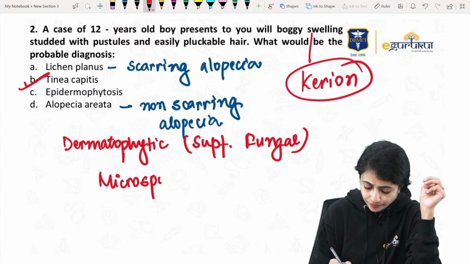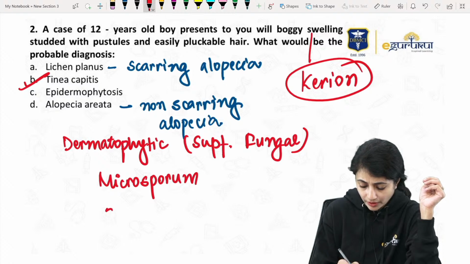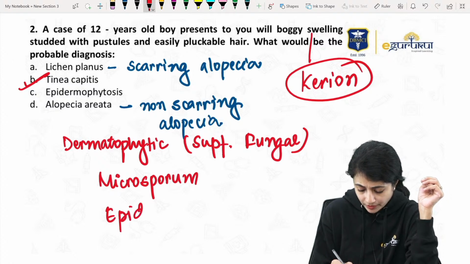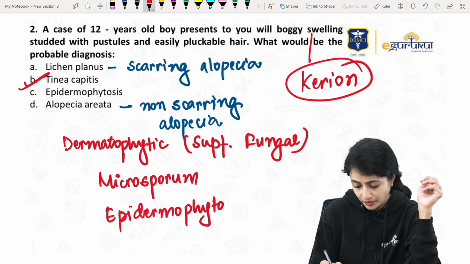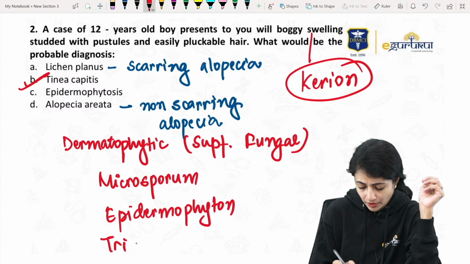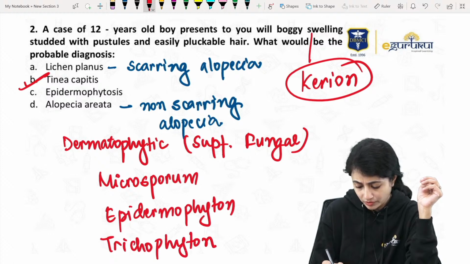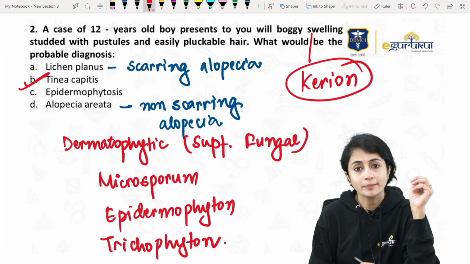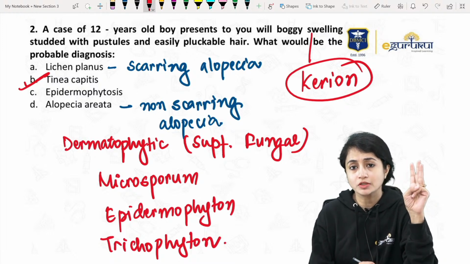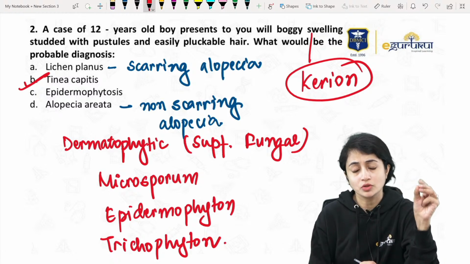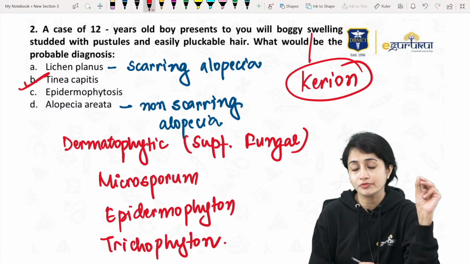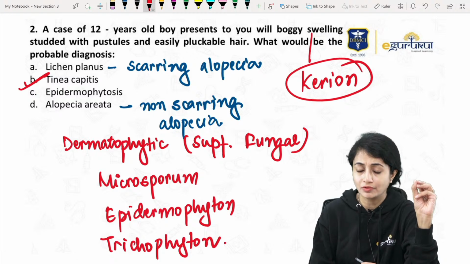Microsporum, epidermophyton and trichophyton. These are the three dermatophytic species which cause tinea infections, not just tinea capitis, but dermatophytic infections in general.